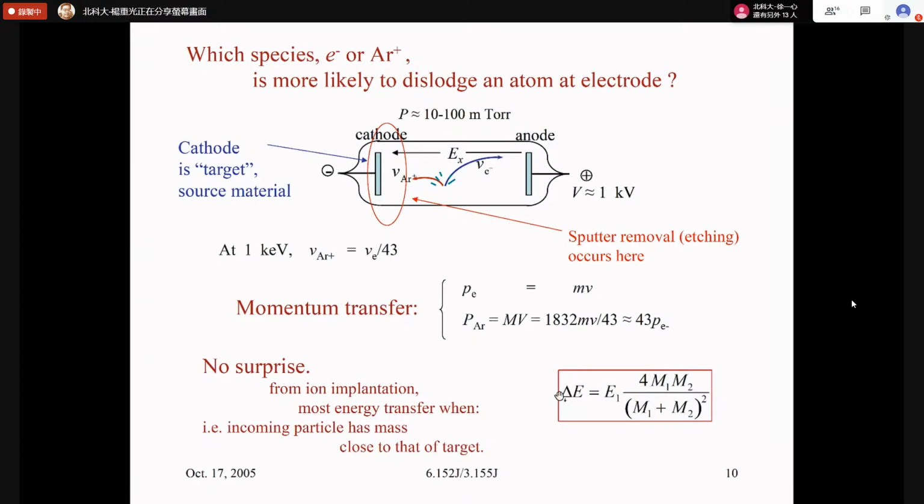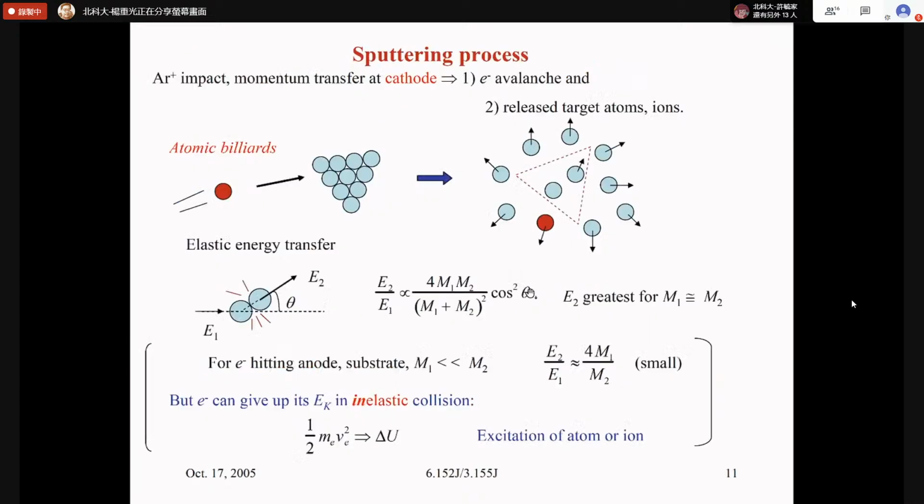So we understand from ion implantation that the most energy is transferred when the incoming particle hits the target, and the best result is when the incoming particle has mass close to that of the target. So the sputtering process is argon impact, momentum transfer at the cathode, and release of the target atom.